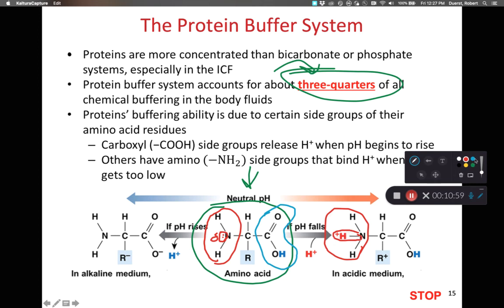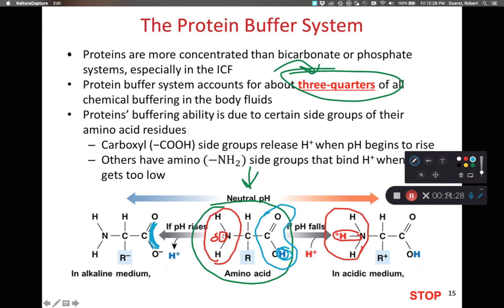And then on the flip side, shifting to blue here, if the pH of the solution is rising, that means the concentration of hydrogen ions is going down. The carboxylic acid functional group will liberate one of its hydrogen ions, and then we'll have a negatively charged oxygen as we set up a resonance structure between these two oxygens, as the electrons resonate back and forth between the two oxygens.